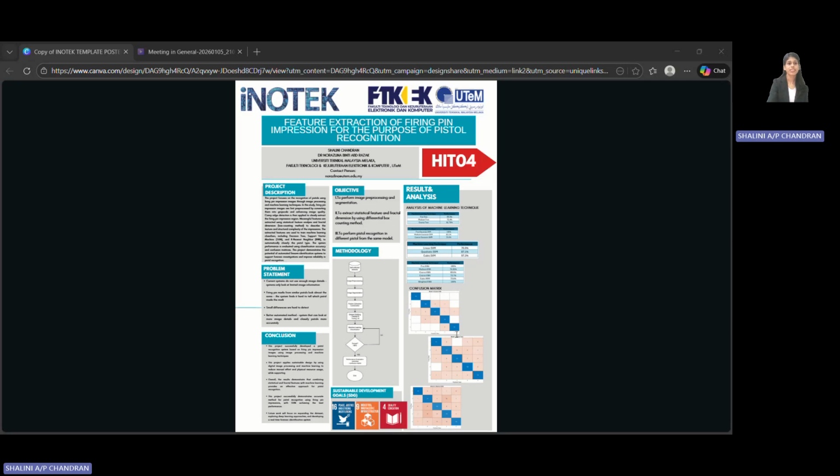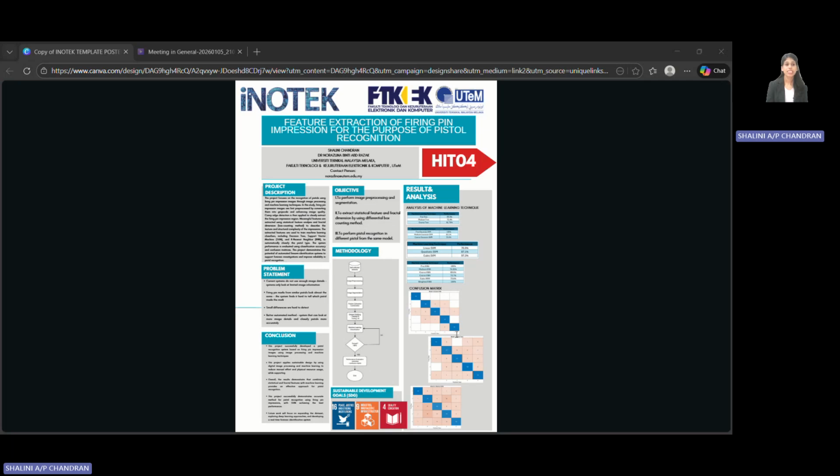The confusion matrix clearly shows how well each model identifies firing pin impressions from pistols of the same model, with quadratic SVM achieving the most reliable and accurate classification.